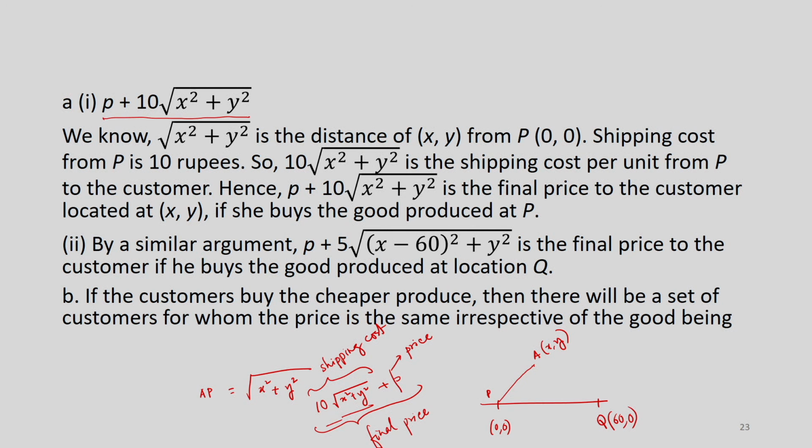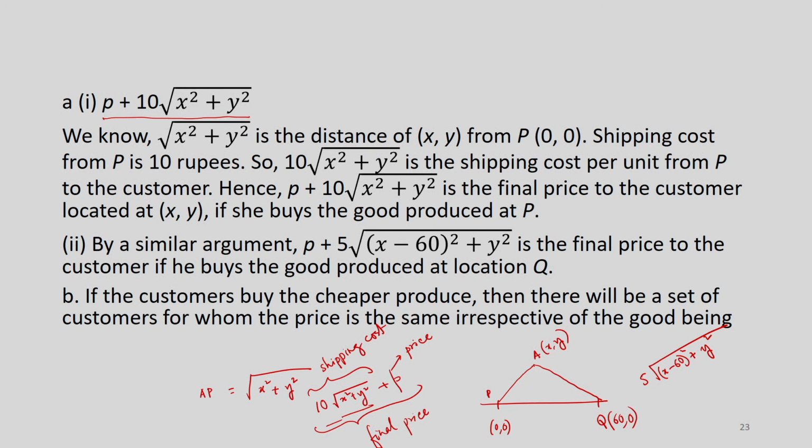Similarly, what is the shipping cost from Q to A? This we shall see is given by 5 multiplied by root over (x minus 60) whole square plus y square, because AQ, this distance, is root over (x minus 60) whole square plus y square, and with that you are multiplying 5, that is the cost per kilometer.